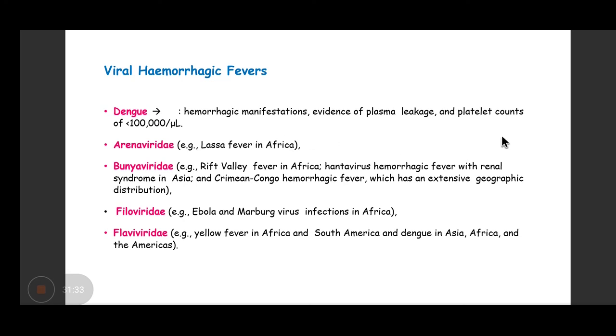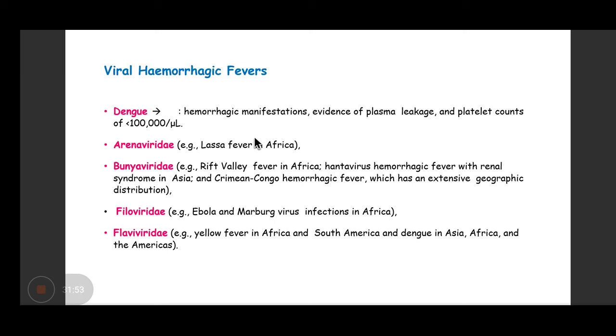If you are in India, particularly in Delhi, the first viral hemorrhagic fever that should come to your mind is dengue. So for dengue, what test are you going to prescribe? Either the antigen detection test, antibody detection test, or RT-PCR.